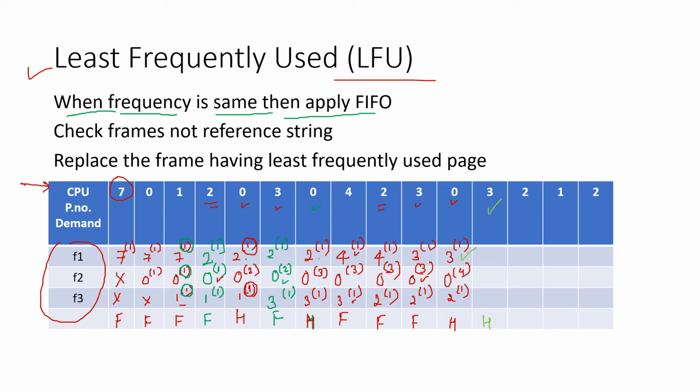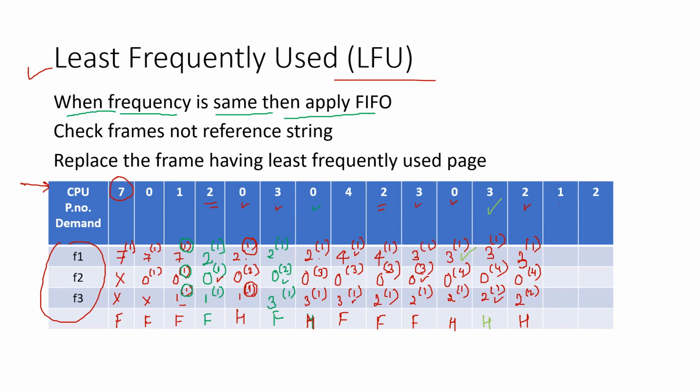You just write this as it is. 3, 0 and 2, so it's a hit. Then 2 is already there, so write 3, 0, 2. It's a hit.